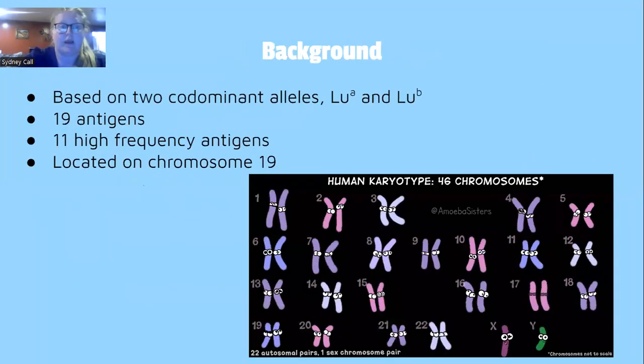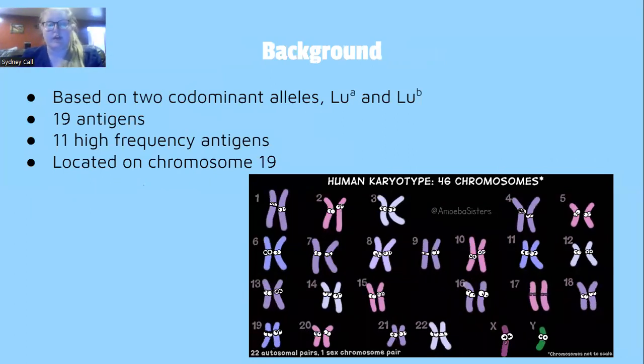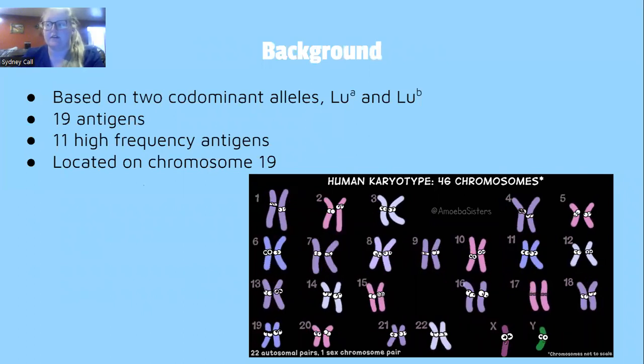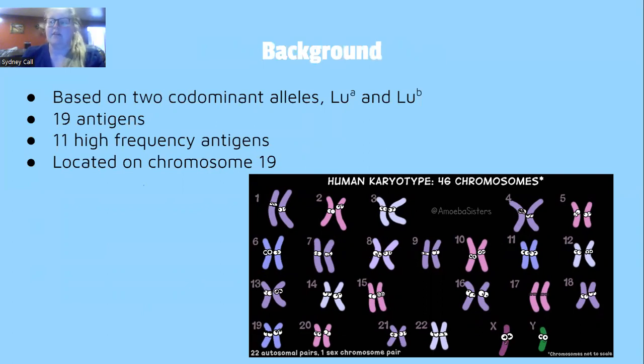So a little bit of background just on the Lutheran system. All the Lutheran antigens are different variations of a basal cell adhesion molecule, also known as BCAM. There are 19 known antigens in the Lutheran system.